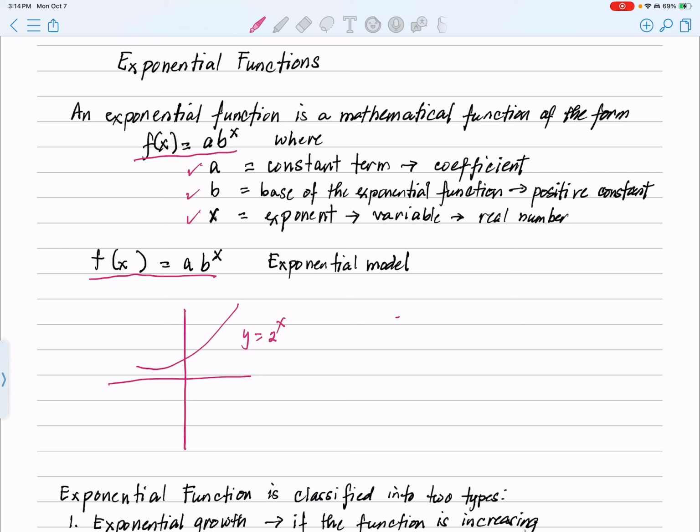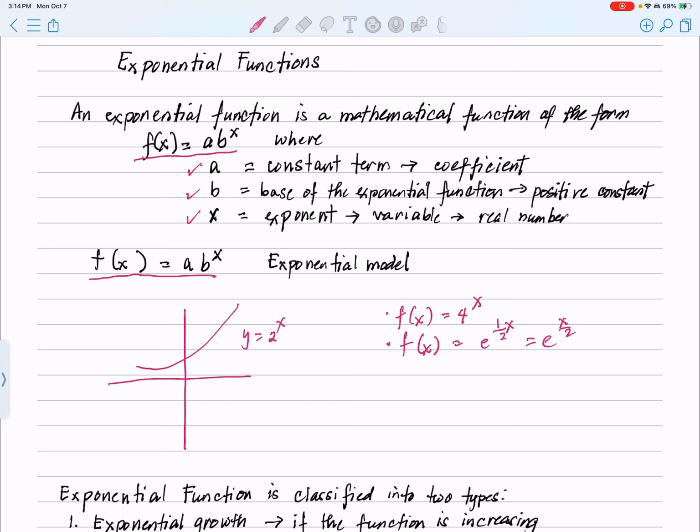we can see some examples like we have f of x equals 4 to the power of x. And you can tell right away that that is an exponential function. Another example, you can see something like this, e to the power of 1/2 x, or you can have e to the power of x over 2.